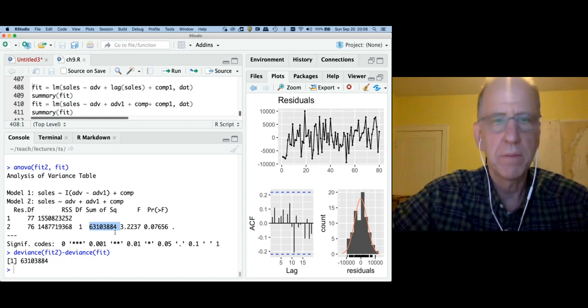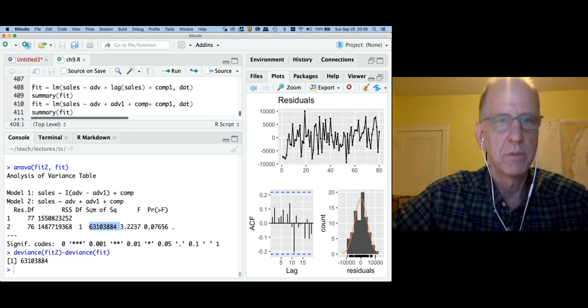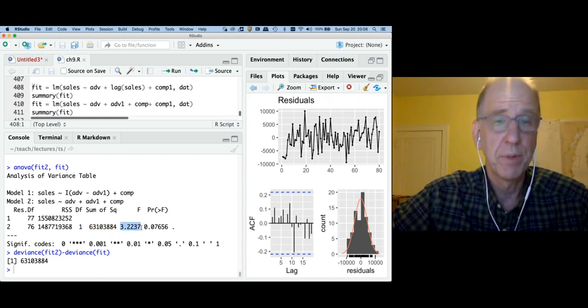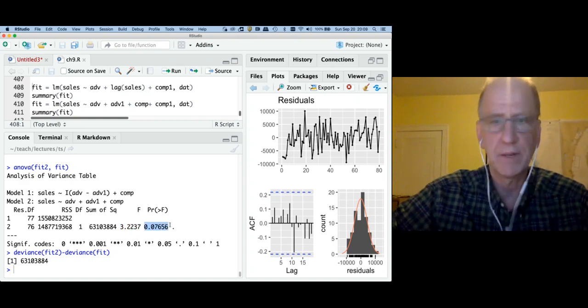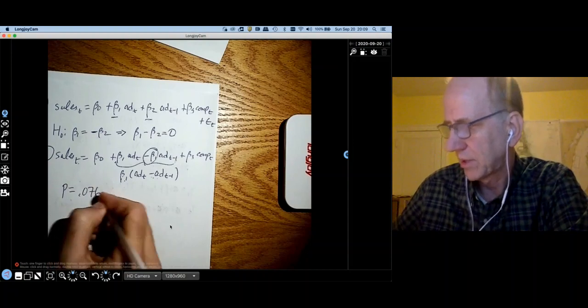Now the units are very big here, so even though that looks like a big number, when you divide by the mean squared error of the full model, so that would be model 1, you get an F that's actually pretty tiny. And the p-value is not significant. Let's just go write this up. The p-value is 0.076.